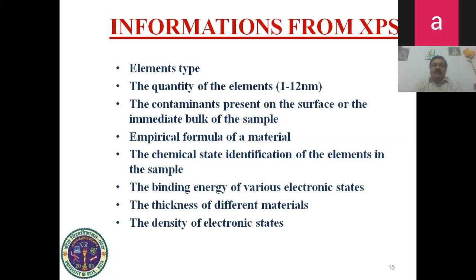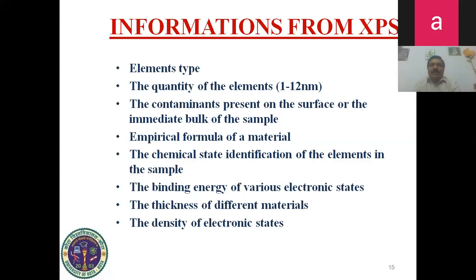We can also derive the empirical formula of the material. Like if our cerium oxide is lacking oxygen, then we can find out that CeO2 is actually CeO2 minus delta, and delta can be determined. The chemical state identification of elements in the sample, whether any change in valence state is there, that we can also determine.